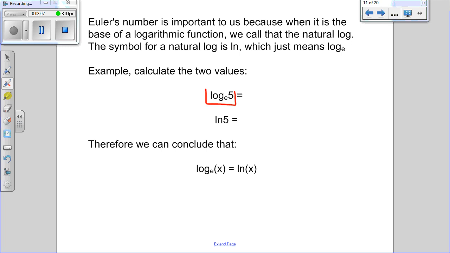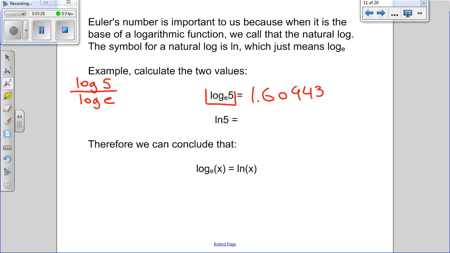So remember in your calculator, you go log 5 divided by log E. Remember to close your brackets. Your answer would be 1.609443.